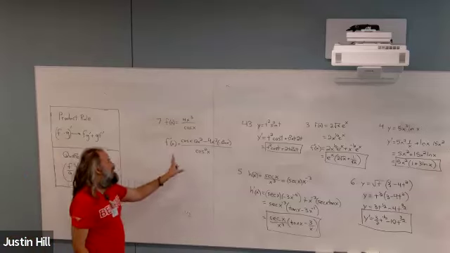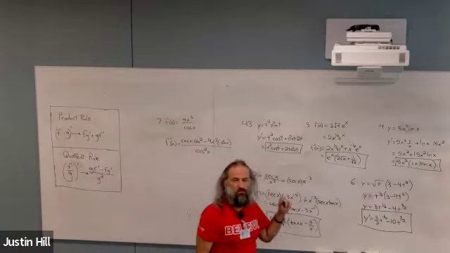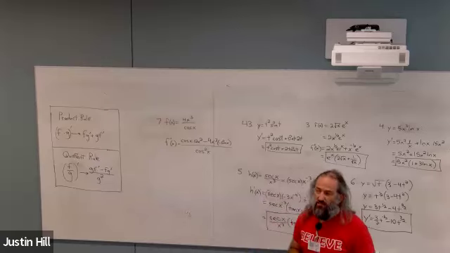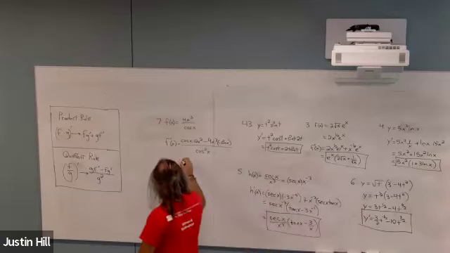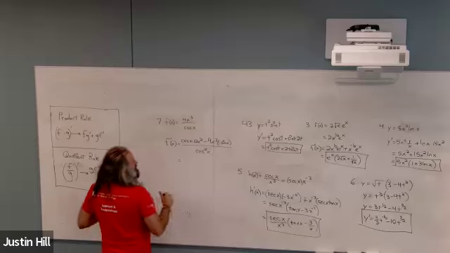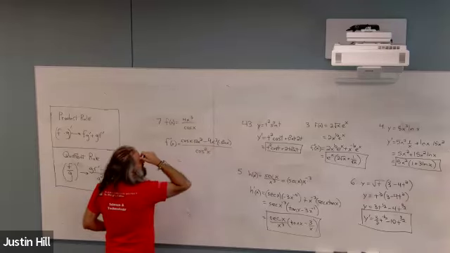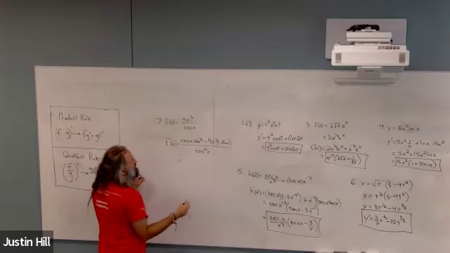Then you're just going to do whatever simplifying you can see that you can do. So for instance, what I see here, obviously negative times negative is a positive. Don't really have much of a common factor here.